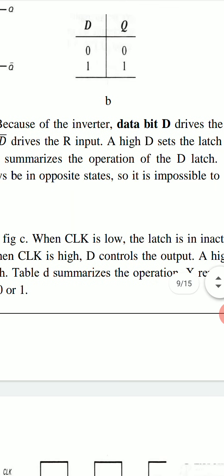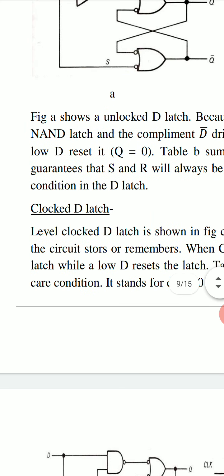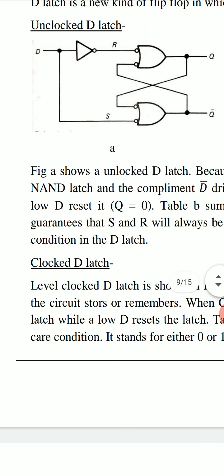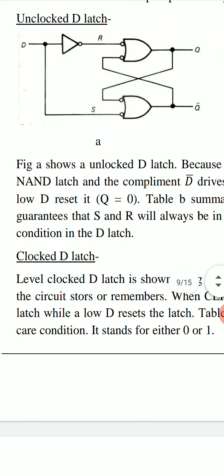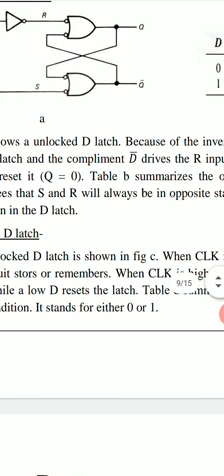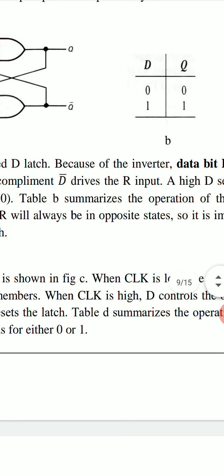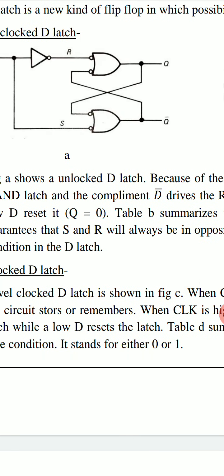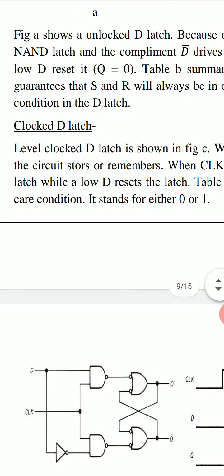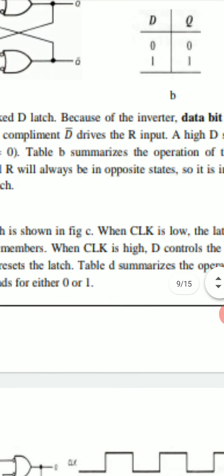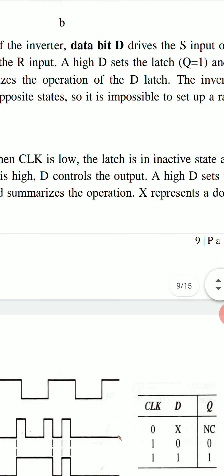Because of the inverter, data bit D drives the S input of NAND latch. Data bit D drives as input of lower NAND gate, and the complement D bar drives the R input of upper NAND gate. A high D sets the latch, Q equal to 1.